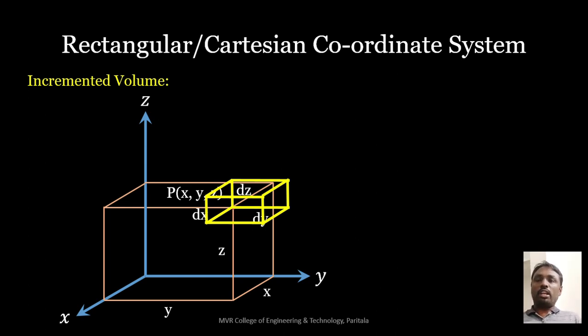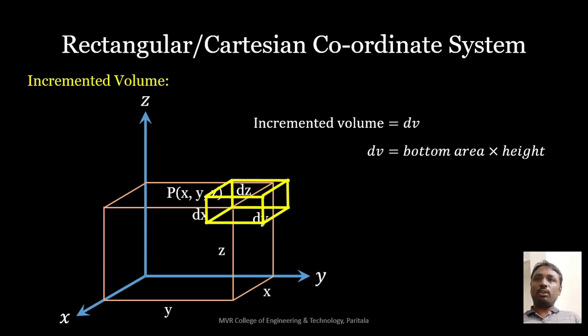Now I need to identify the volume of this box. We know the incremented volume is equal to dV, which is the differential volume I already discussed. Incremented volume here is dV. So dV can be identified as the bottom area into height.